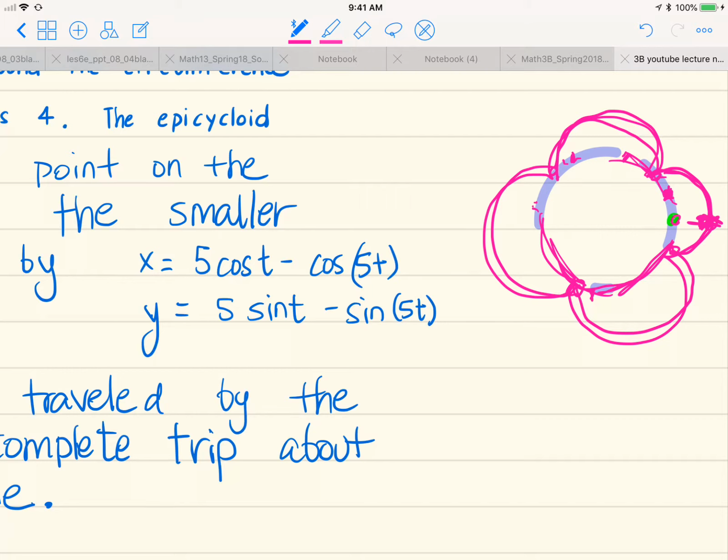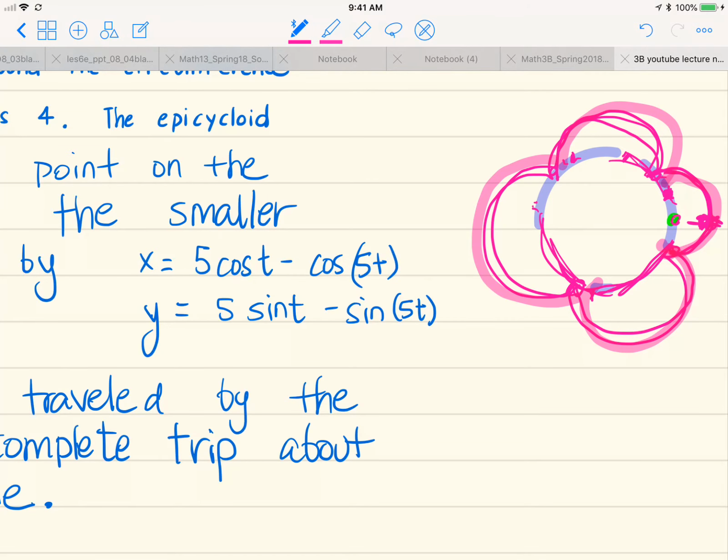Instead of computing the length for 1, 2, 3, and 4, we could just compute the length of one bump and then multiply that by 4.